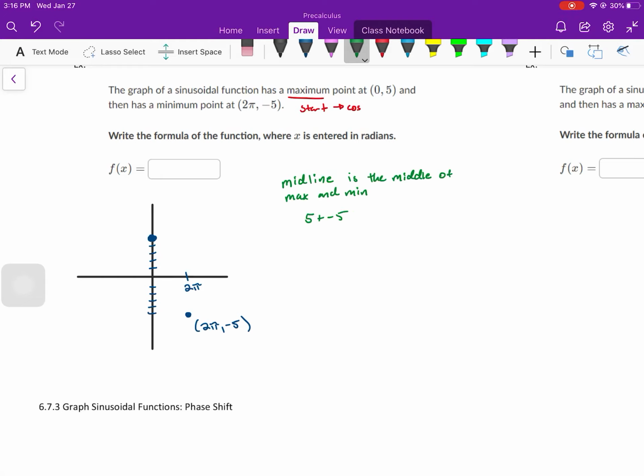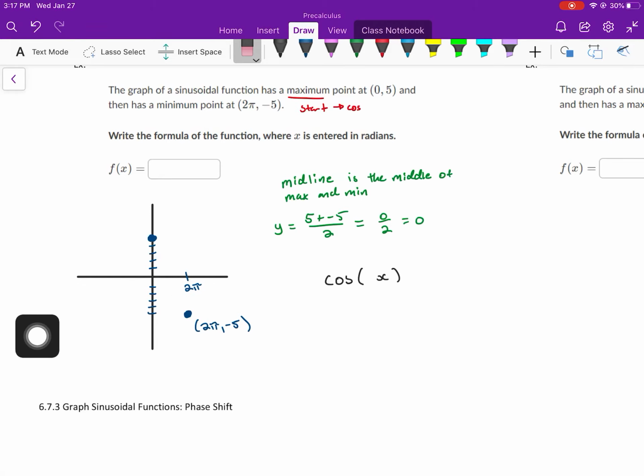So if I do 5 plus negative 5 over 2, it's going to give me 0 over 2, which is 0. So that's our midline. If you're given the max and the min, you just add them up and divide by 2 to get the midline, the middle value, right? And we know we're rolling with cosine. Positive cosine because we're starting on the maximum. If we're starting on the minimum, it would be negative cosine. And plus 0, we don't really need to include it.